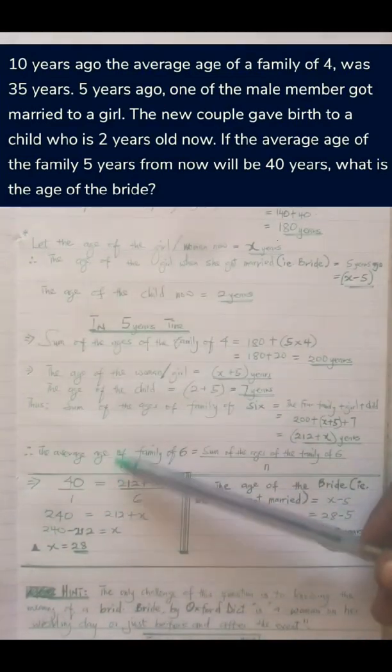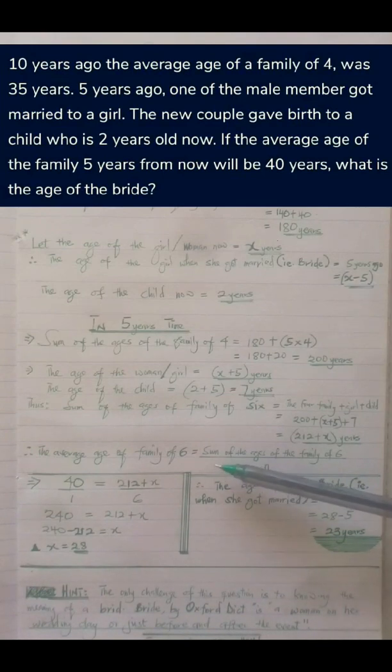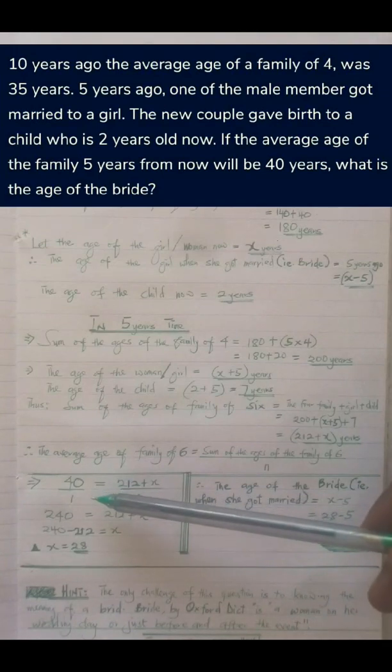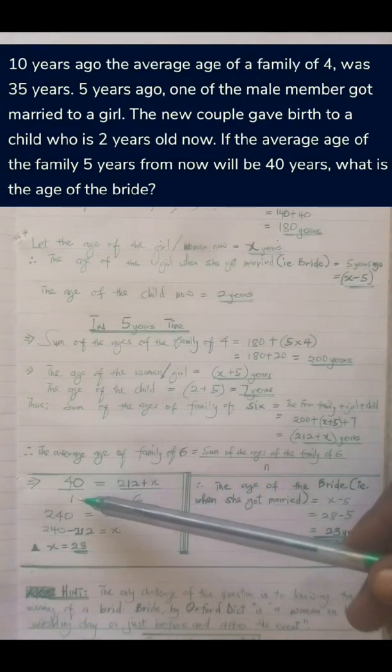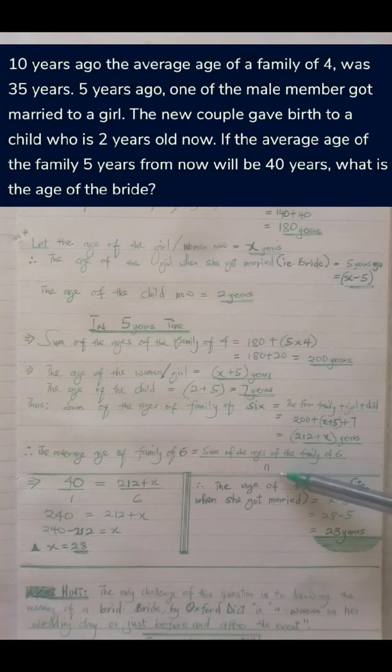Therefore, the average age of the family of 6 is equal to sum of the ages of the family of 6 over n. Remember we were given the average age of the 6 family members as 40. So the average is equal to sum of the ages of the family of 6 over n.